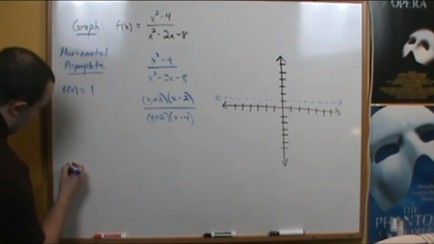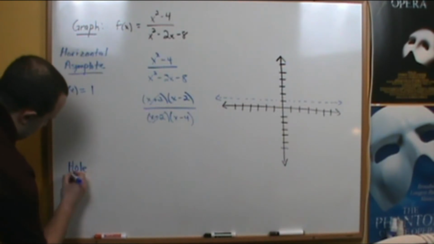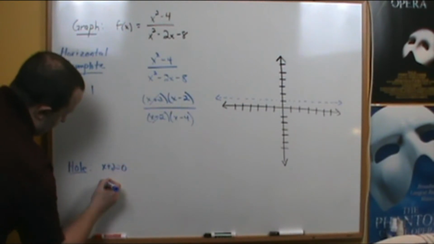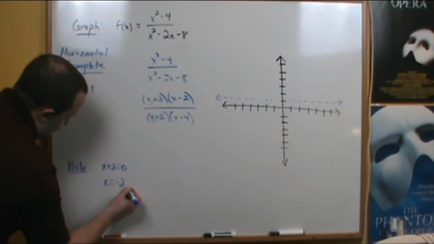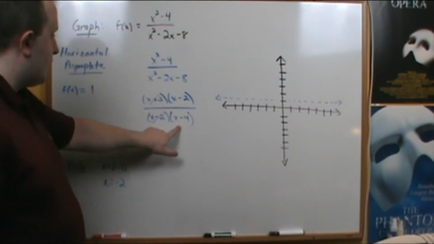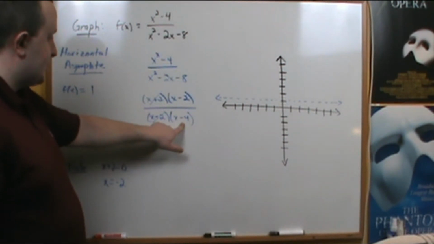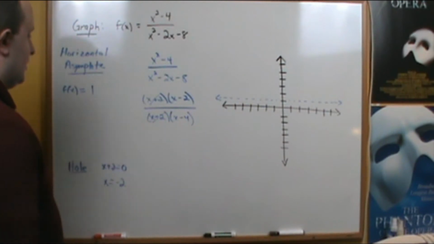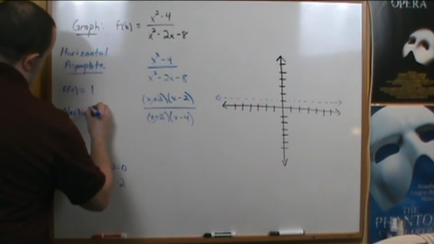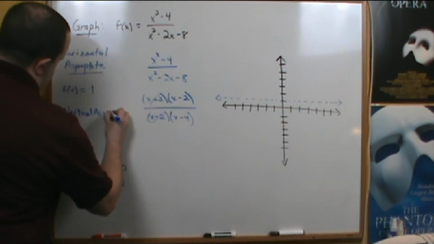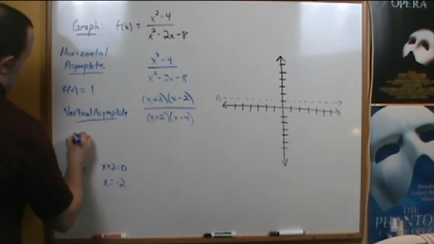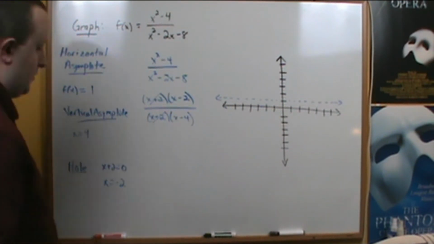Basically set x plus 2 equal to 0, and our hole is going to be at x equals negative 2. That's where our hole is going to be. And then our vertical asymptote is going to be when x minus 4 equals 0. So our vertical asymptote is going to be at x equals positive 4.